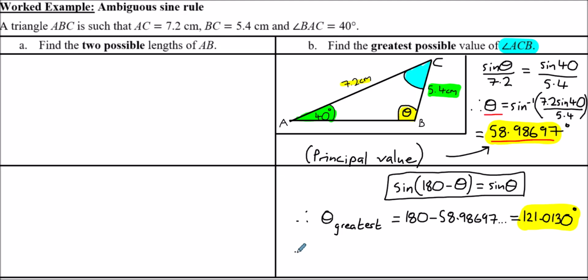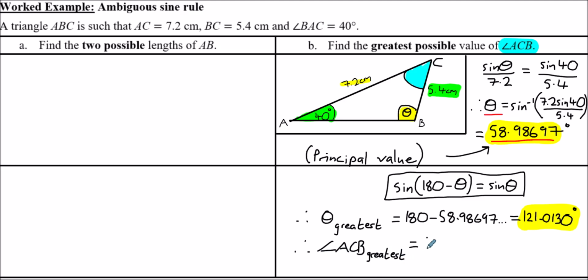So the greatest possible value of C, so the greatest value of ACB will actually be when theta is at its smallest.